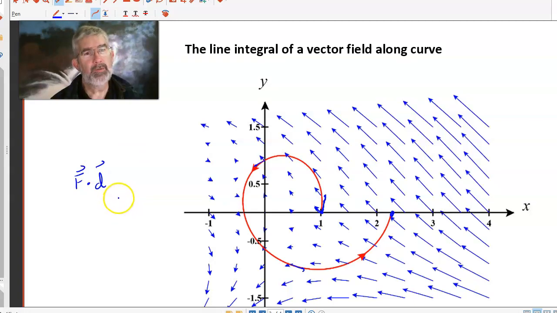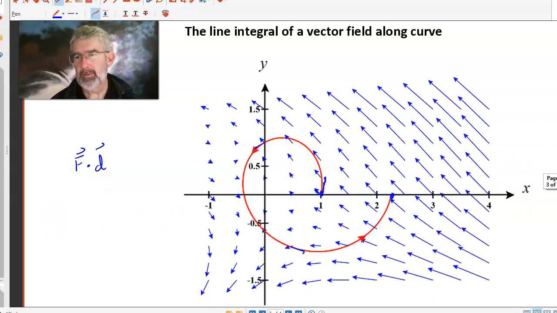But from the point of view of the curves that we have here, the curves in the force field, let me scroll down a little bit.